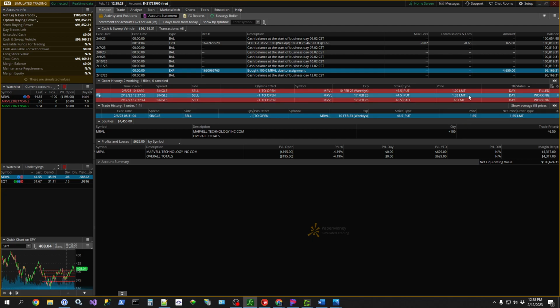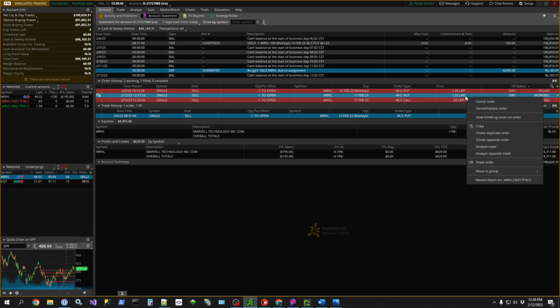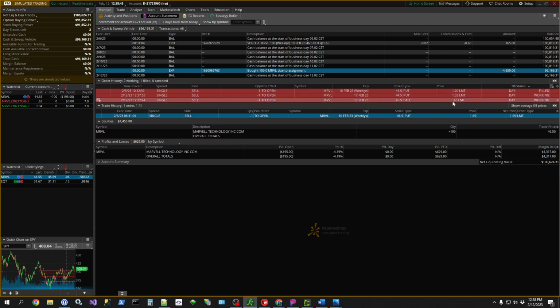And it may not execute. Maybe the price starts going back up, so we can't get $1.33 for this cash secured put. So we might have to come in here and edit it. You can right-click and say cancel replace order, change the number, and then resubmit it if necessary. Same for the covered call that we're writing.